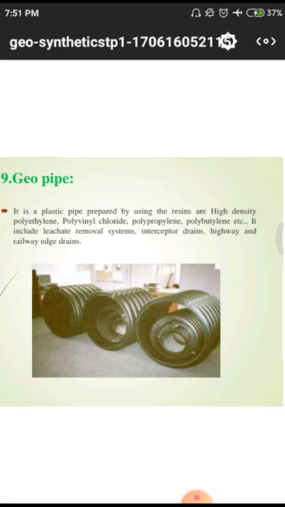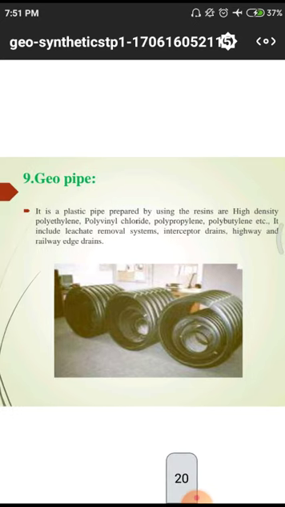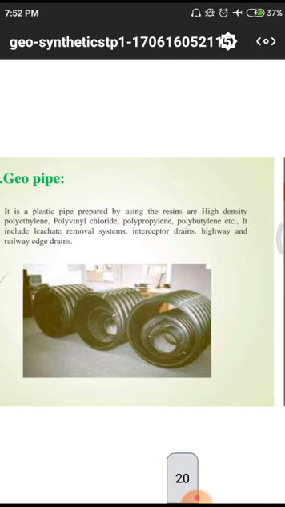Next one we have is geopipes, not geo, it is geopipes. They also have some importance. Why? Because nowadays we are observing that a lot of structures are being constructed below the earth.